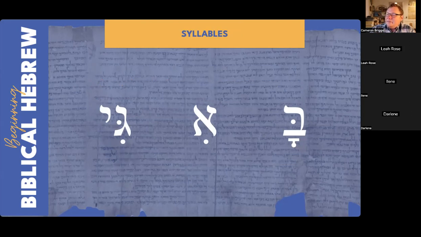We've got bet with a kamatz. We've got aleph with a chirik. And we've got gimel with a chirik yod or chirik maleh. So these are all a very specific type of simple syllable, right?